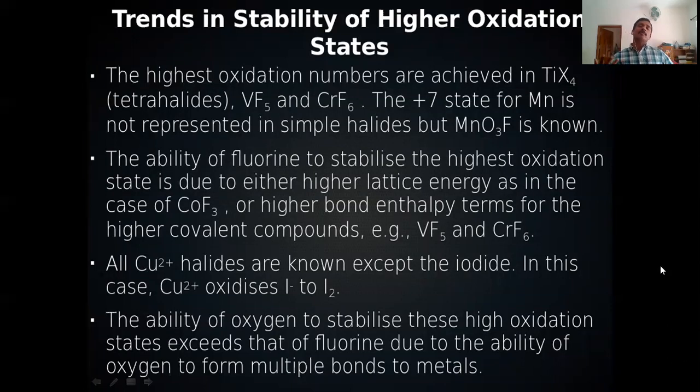Now, how are the higher oxidation states stabilized? Already we discussed oxidation states of transition metal compounds. We told up to +7 oxidation state is possible in the case of the first transition series.